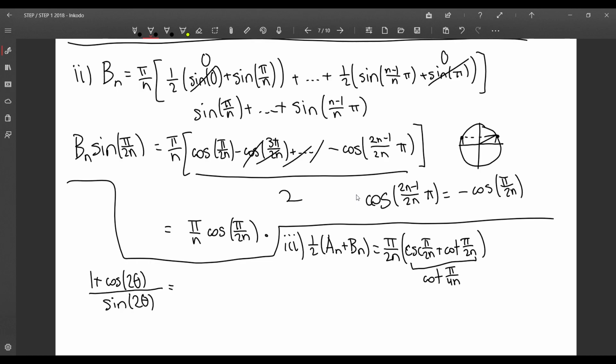Now this equals 2 cosine squared theta over 2 sine theta cosine theta. Cancel out the 2 and the cosine theta, and that's equal to cotangent theta as desired.